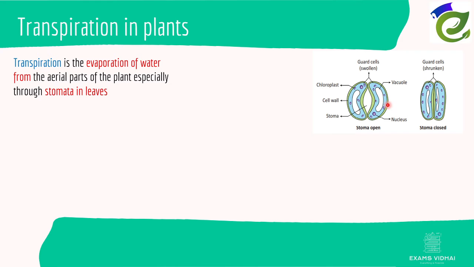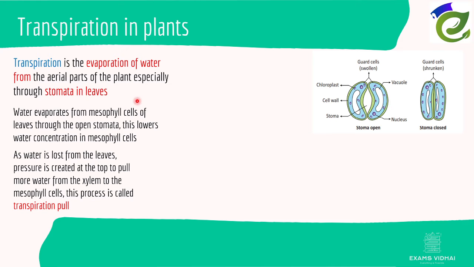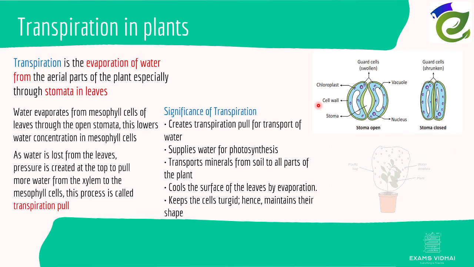from the stomata. Water evaporates from the mesophyll cells of the leaves through the open stomata and thus causes the mesophyll cells to lower their water concentration. So when water is lost from the stomata, it creates a vacuum of the water space to pull the water from the roots, and this is called transpiration pull.